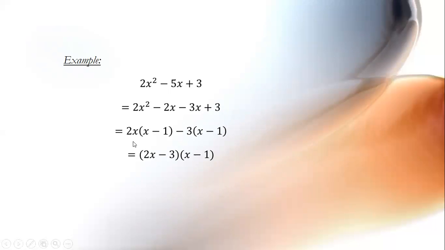Then we take x common out, 2 also common out. So 2x into x minus 1 minus 3 into x minus we have taken outside. So minus 1. Then we'll have 2x minus 3 and x minus 1. This way we are factorizing. These are two linear terms. Now if we are equating them to 0, we will get the final answer.